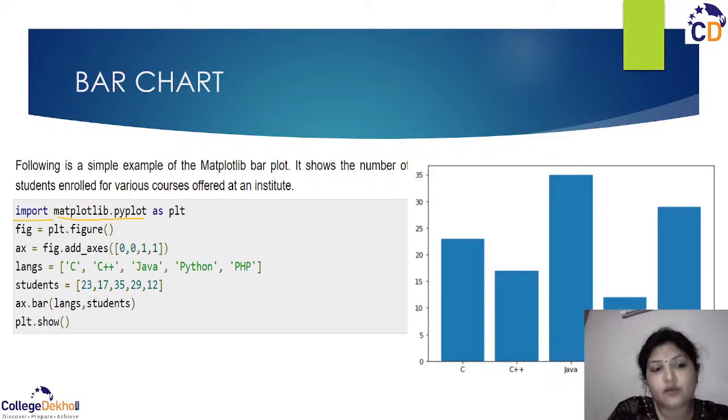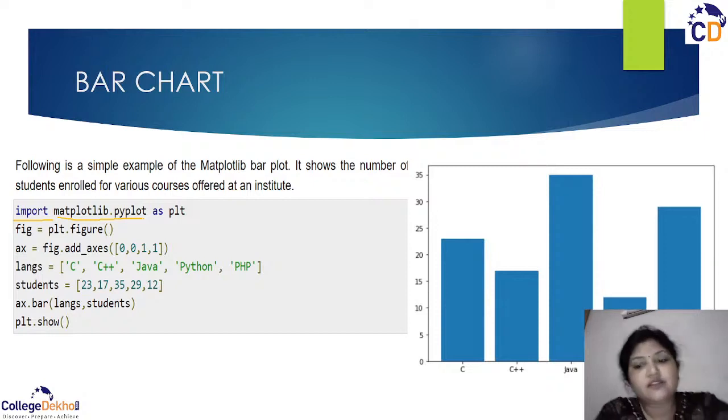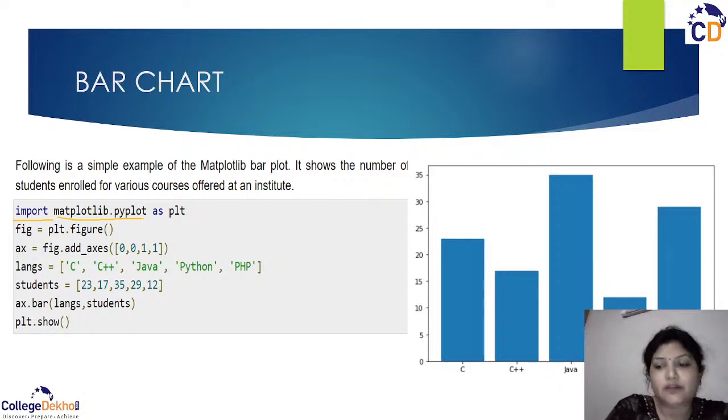What are these two arguments? The first is languages, and the second argument is the number of students. And then just for printing the bar graph on the screen, we need to call the show function. So this is how we are calling the function bar and drawing the bar graph on the screen.